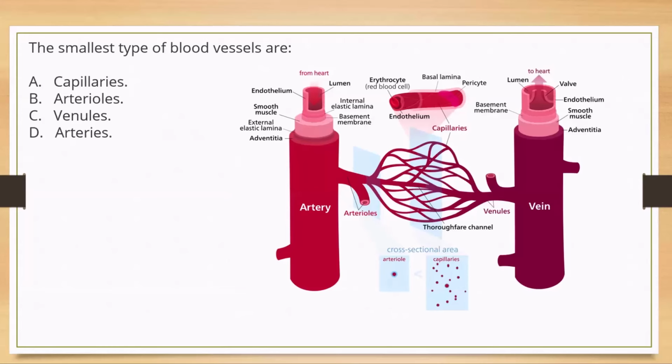When the tissue uses the oxygen through the capillary system, the blood is taken back into the veins to go back into the heart to be filled with oxygen again, and it will come back again. That's the cycle. So that is the smallest vessel in the body. All right. So over here, your answer is the capillaries.